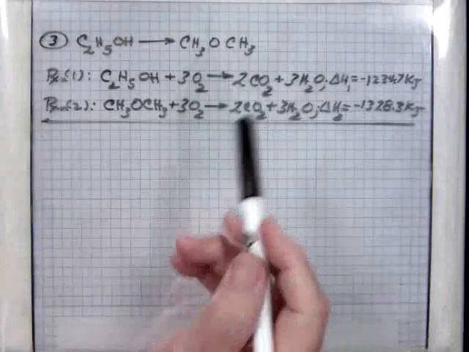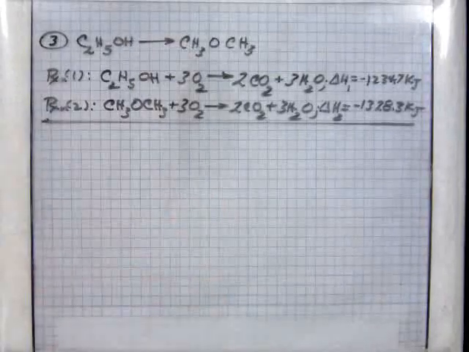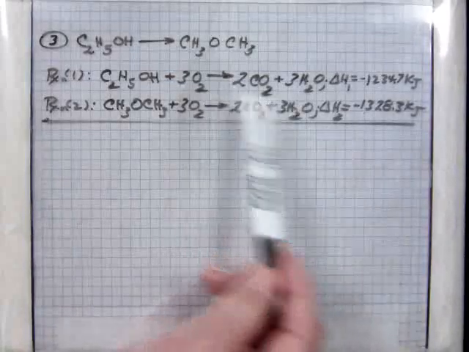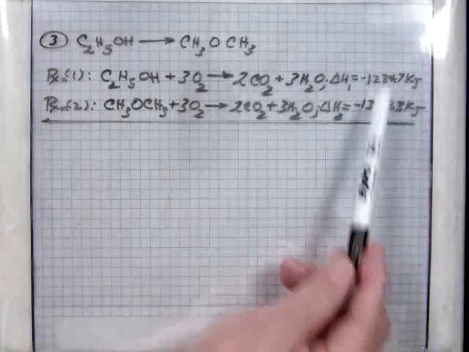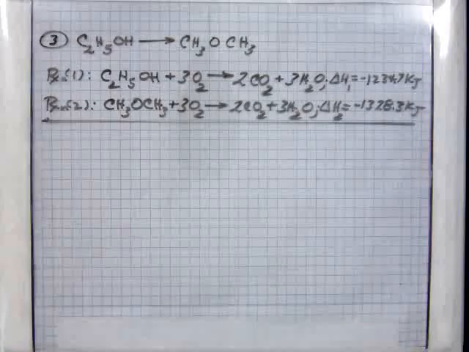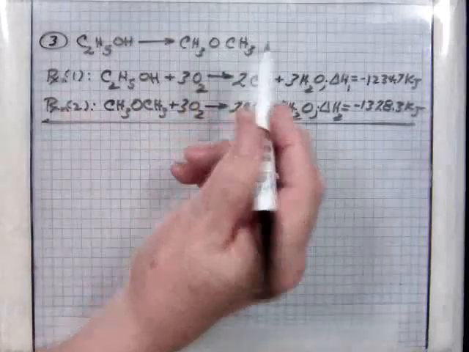More of the same, keeping on the target reaction. We want to manipulate these two in order to add the two energy values together and get the net energy change for that particular reaction. This is ethanol going to dimethyl ether.